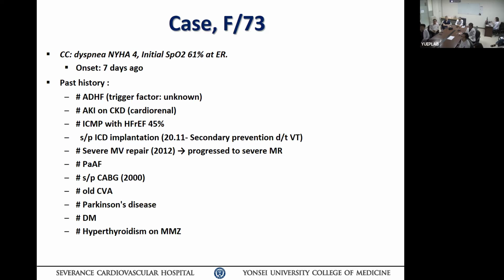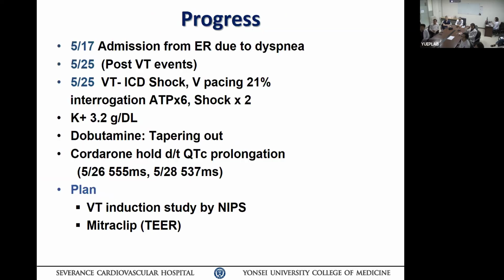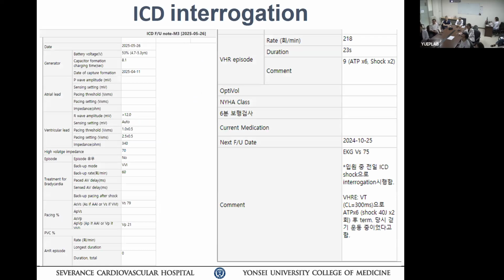So, what did the ICD interrogation show? Then maybe you can do something for her. In May 25, she had ventricular tachycardia. A ventricular high rate episode was detected by the ICD, with a heart rate of over 200, lasting for 23 seconds.